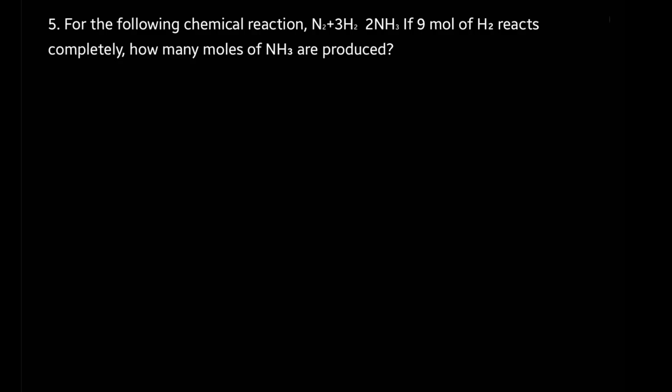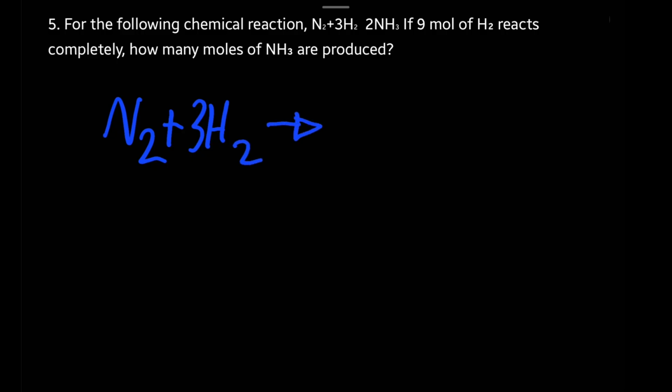Moving on. For the following chemical reaction, this one, N2 plus 3H2 converted into 2NH3. If 9 moles of H2 reacts completely, how many moles of NH3 are produced?